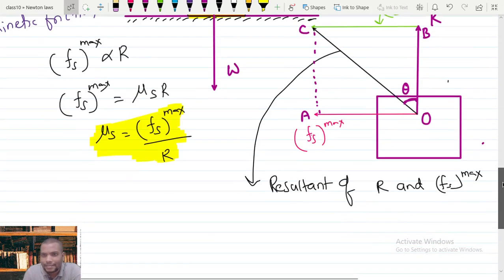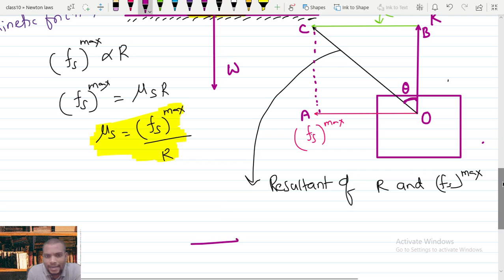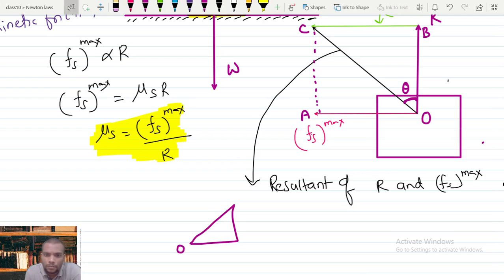From the right triangle OBC, you can write tan theta equal to BC, the perpendicular, upon the base OB.